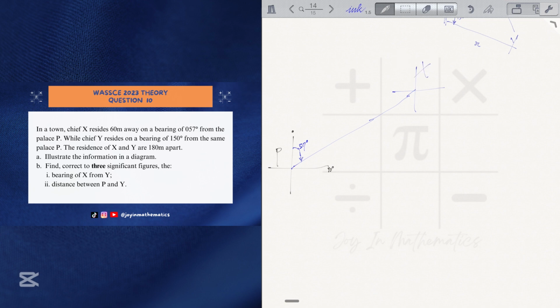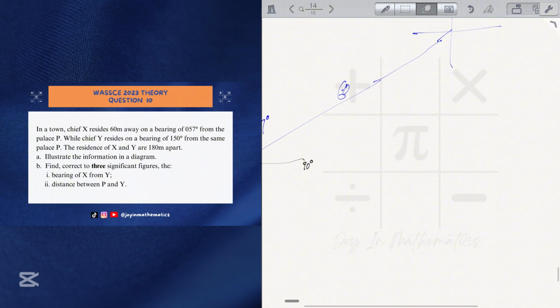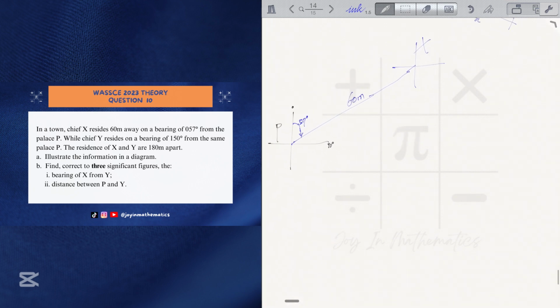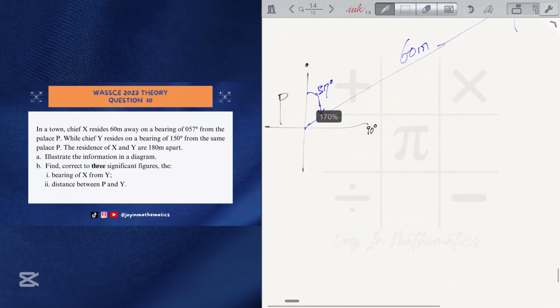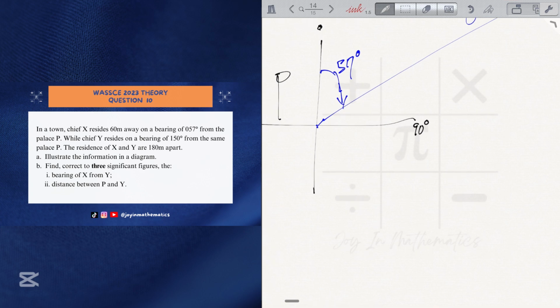Now the distance between point palace P and Chief X is 60 meters. Now let's move forward. The second line of the question says, while Chief Y resides on a bearing of 150 degrees.